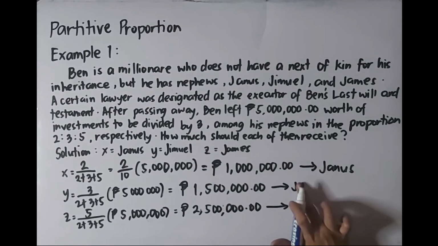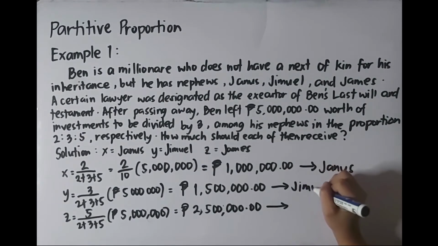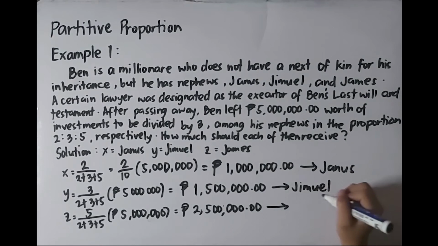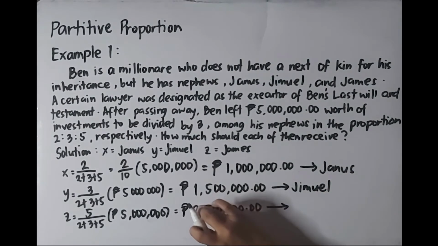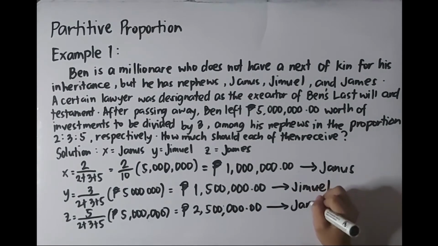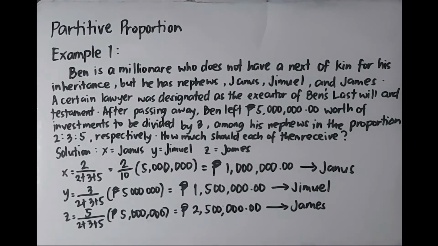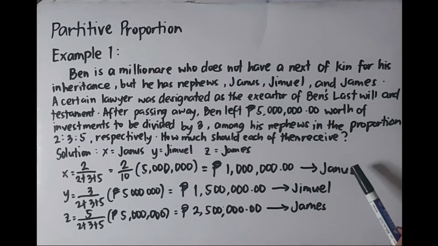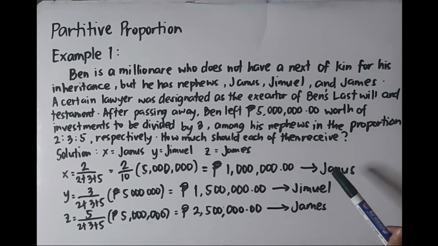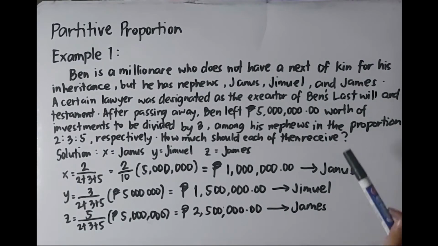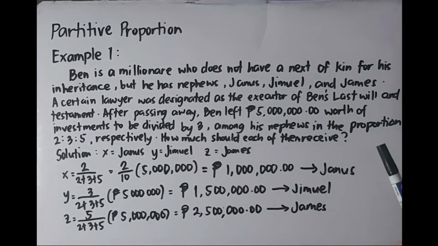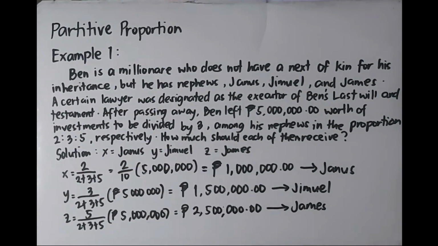Sorry, this is Jimwell rather. So 1.5 million for Jimwell, and the 1/2 or the 2.5 million will be given to James. So these are the shares that they are going to receive based on the last will and testament.